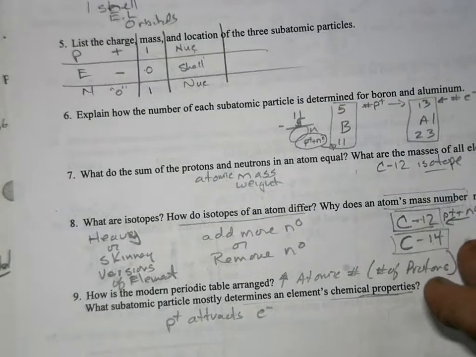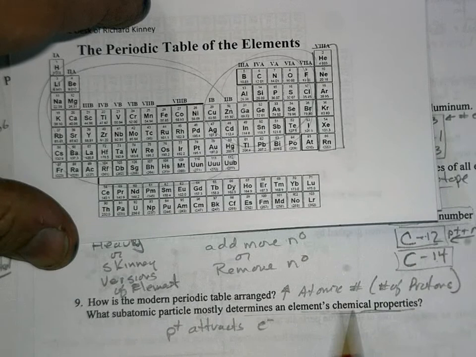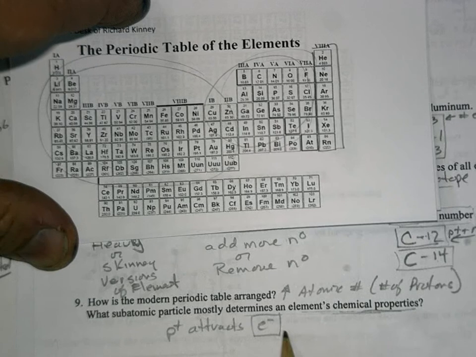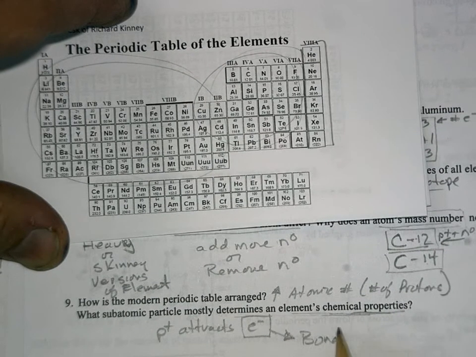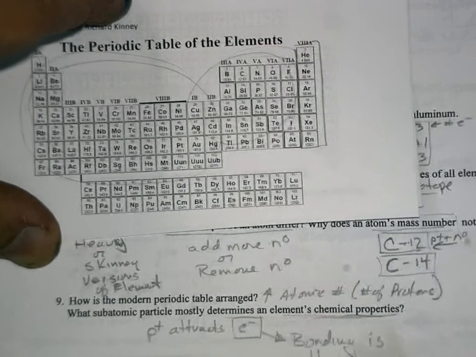So what determines an element's chemical properties is going to be the electrons. The electrons are attracted by protons, but when it comes to bonding, chemical bonding is all about electrons.